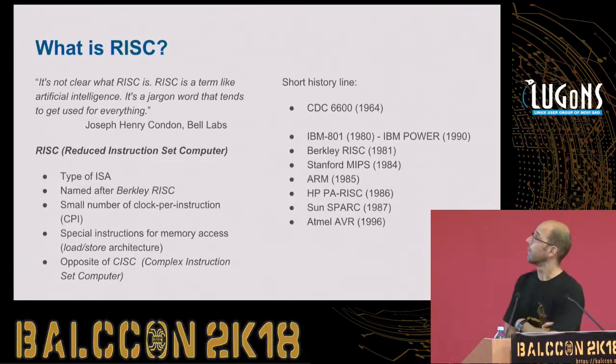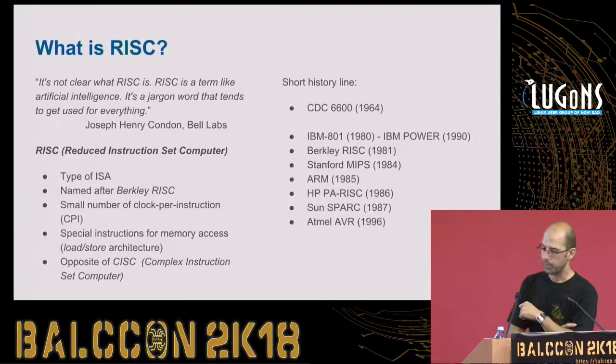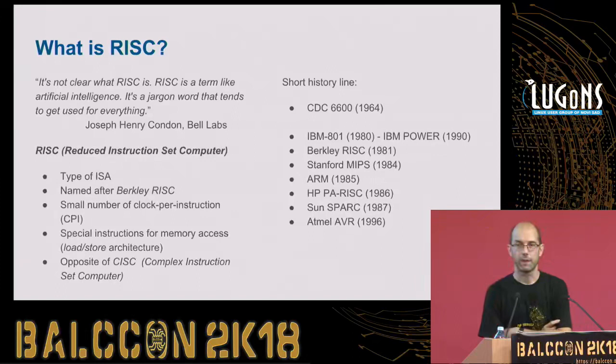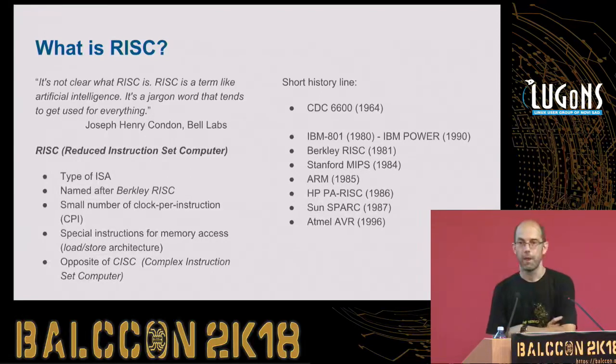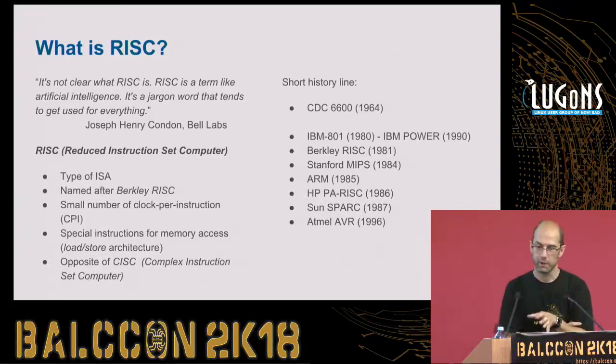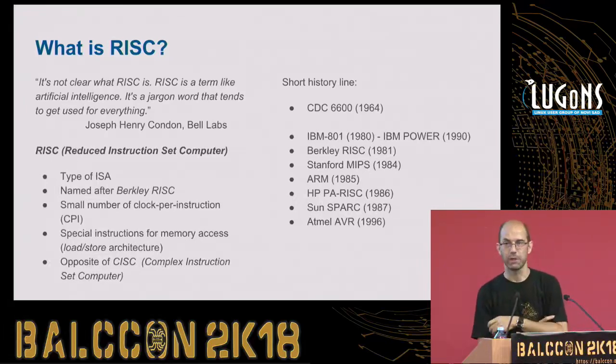Before that, the start of the simplification of instructions in order to execute them more rapidly was at CDC, where a young engineer at the time, Seymour Cray, designed the CDC 6600, which was one of the first supercomputers at the time.